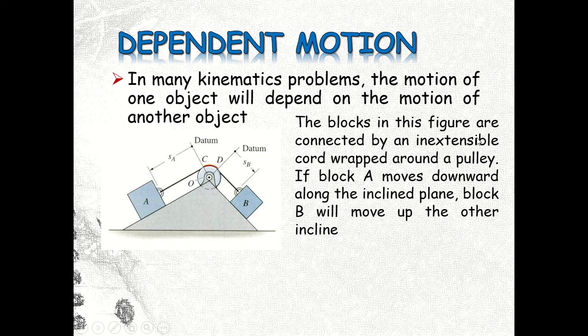So the blocks in this figure are connected by an inextensible cord, or rope or cord. In this case, we call it a cord wrapped around a pulley. So this is a pulley. If block A moves downward, going in this direction along the inclined plane, block B will move up.